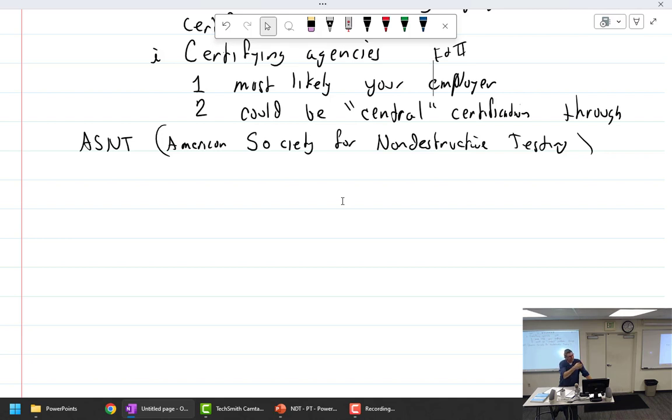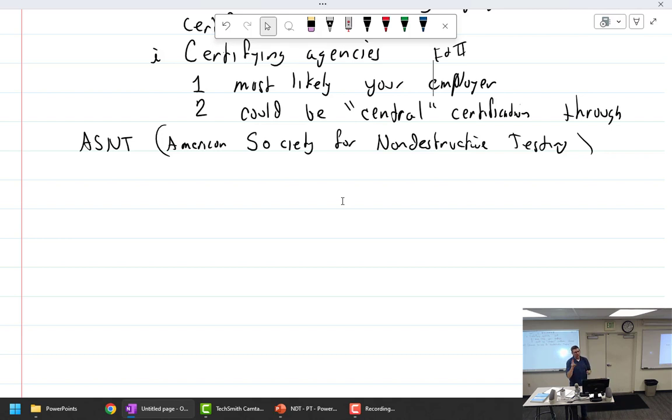Says, you're now level 2. Then some other company outside of the area says, we'll pay you $10 more to come over here and run our NDT program. So he leaves and goes over there, and guess what? On the way there, he's not level 2 anymore. He just lost it. Unless when you get to the new company, they say, all right, you're level 2, because we can do that. But you lose it.